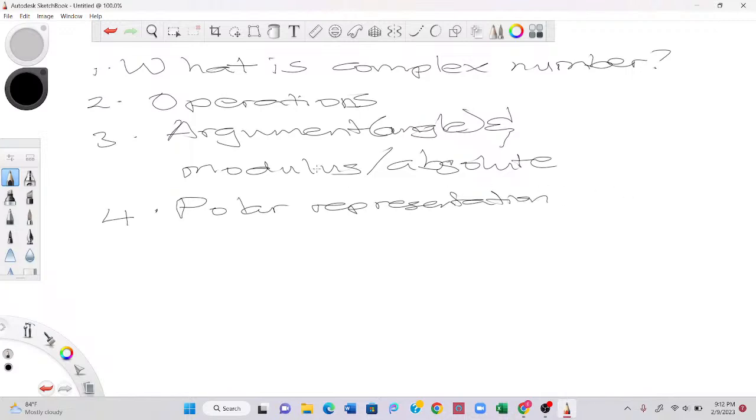What we are going to do in the operations up to the absolute value will be under the rectangular form of representation. And after the polar, we'll move on to De Moivre's theorem.